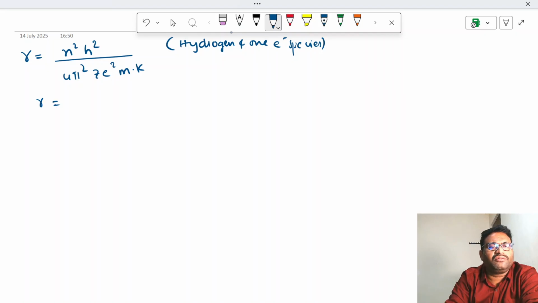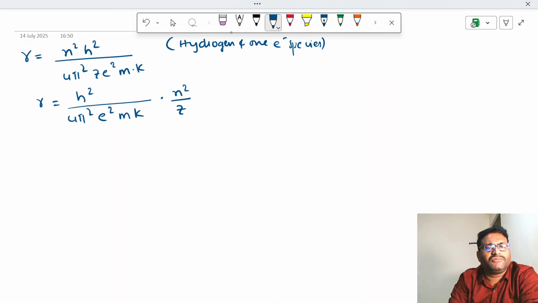R is equal to h square by 4 pi square e square m into k into n square by Z. Okay. So n can vary here, Z can vary. These two are variables and the remaining are constant.